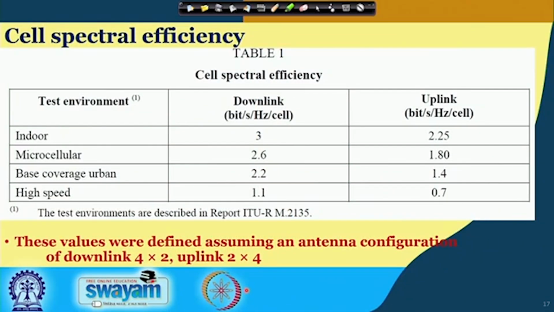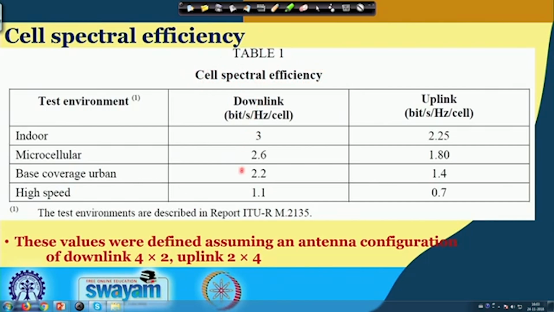Now onwards we will move forward and discuss the performance of such systems. We will continue with IMT Advanced in this lecture, and then move forward to IMT 2020. In this slide we have talked about the cell spectral efficiency.